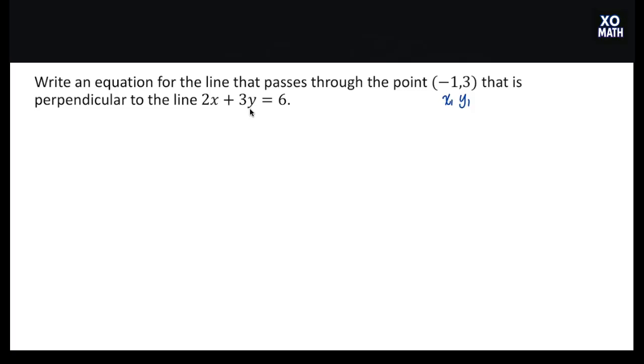So we'll subtract the 2x, so we'll have -2x plus 6, and then we'll divide both sides by 3. So we have y is equal to -2/3 times x plus 2. Well, really, we're just interested in that slope of -2/3.